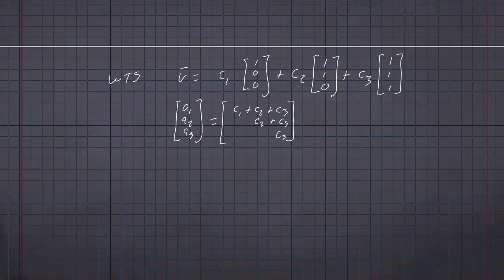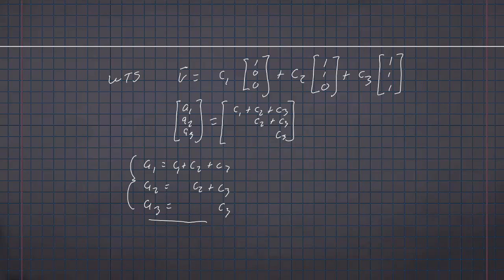Turning that into a system of equations, once again, we could use all of the tools we have for solving systems if we needed to, but this is an incredibly simple system. a3 is equal to c3.